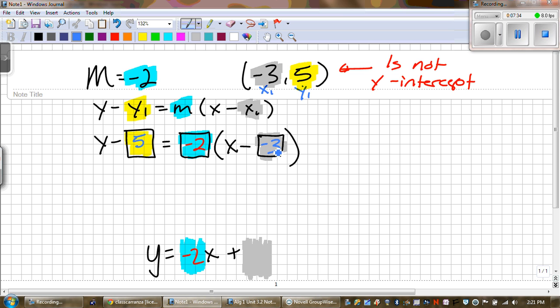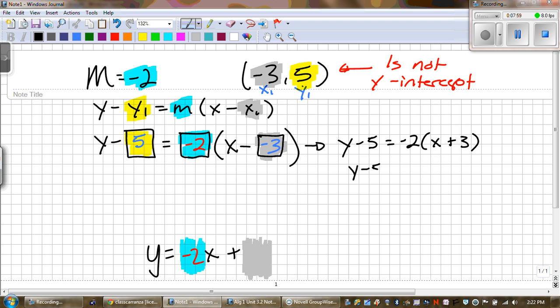Now, one of the things we don't like is having those two negatives. So we would really say that this is y minus 5 equals -2x plus 3. We don't want to have double signs anymore. So when you've got the double signs, go ahead and rewrite that. And you guys know how to solve this.